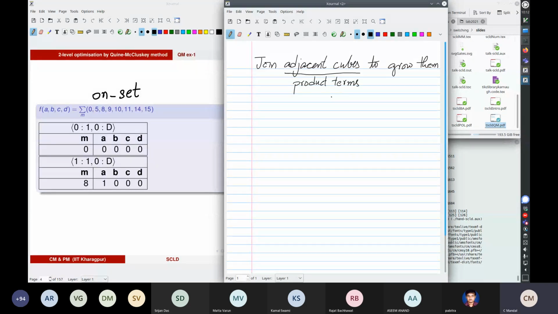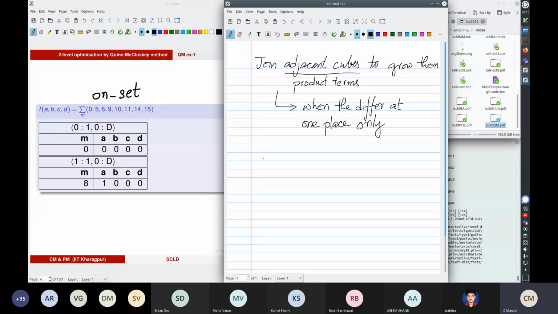What you have said is correct, but we say it in slightly easier terms: we say that two cubes are adjacent when they differ at only one place.